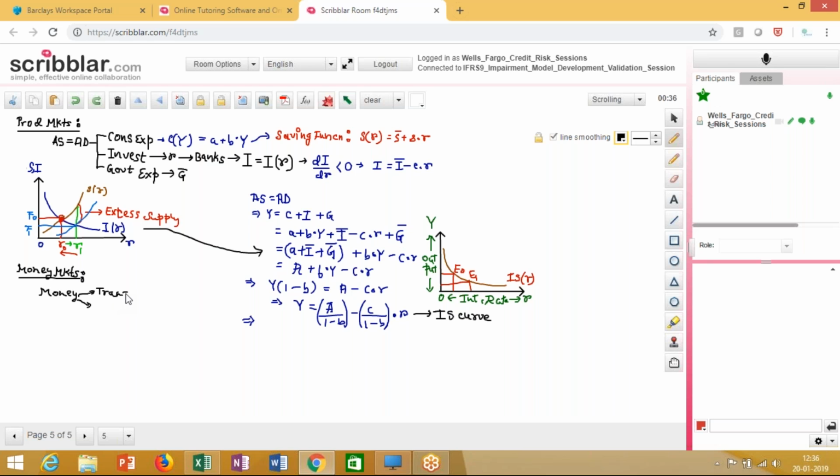That is called the transaction demand for money. So when I talk about the transaction demand, what I essentially mean is the demand for money that I have to run my day-to-day transactions.